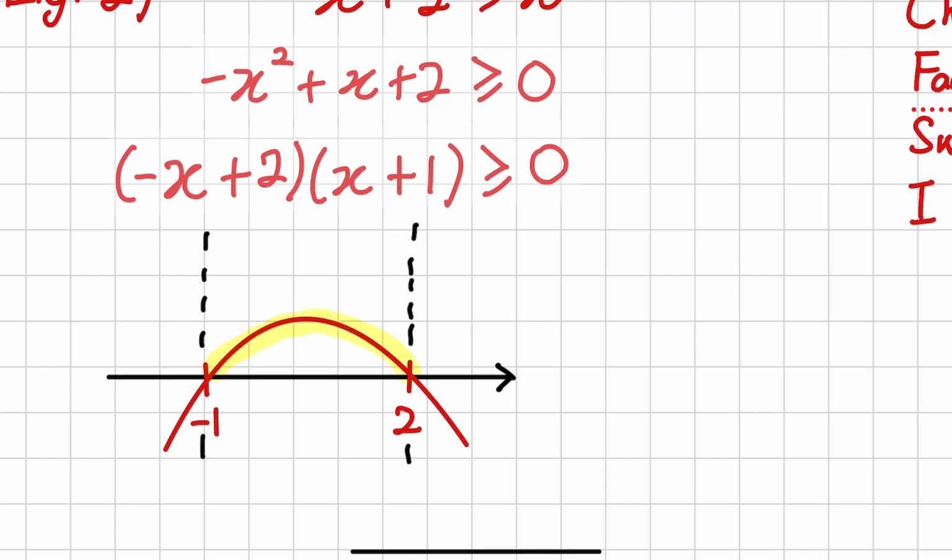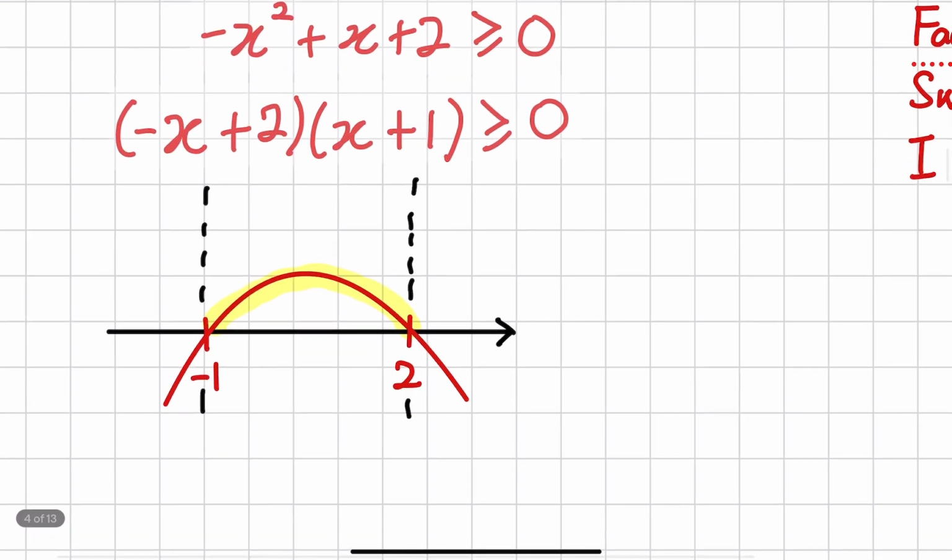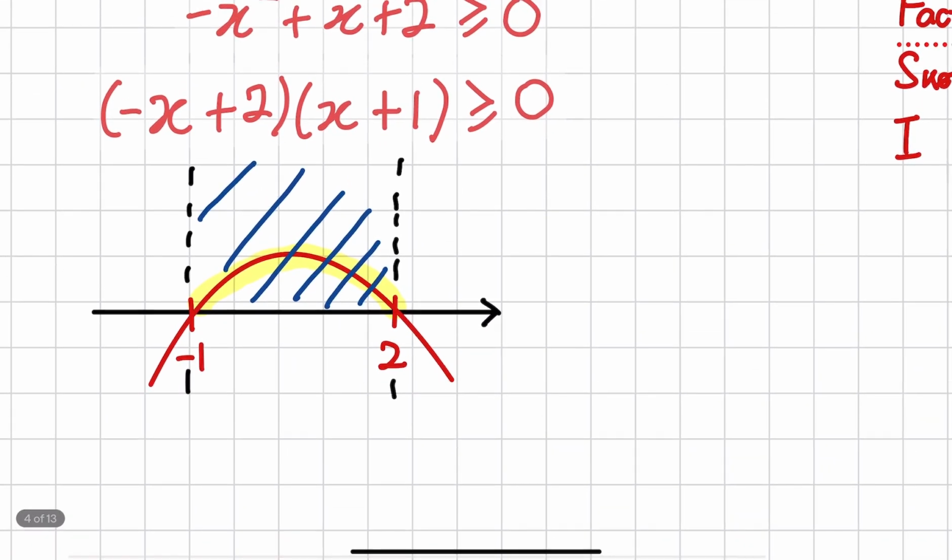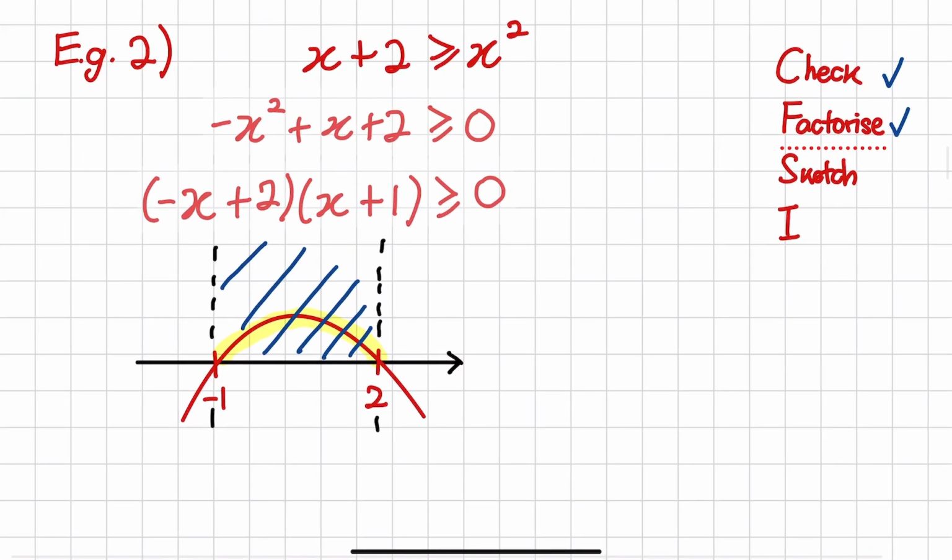This inequality includes greater than or equal to, which means I also include the points where the graph intersects the x-axis. So if I shade with a different color, this is the part of the graph that I want.